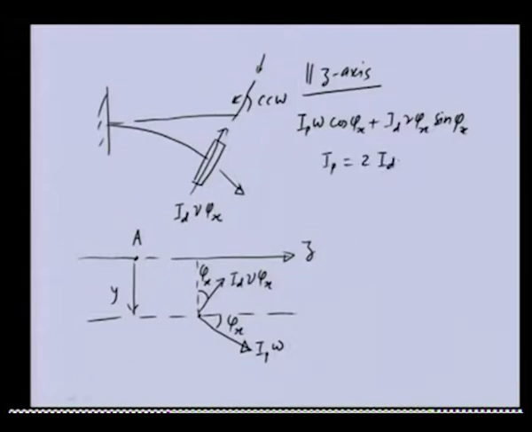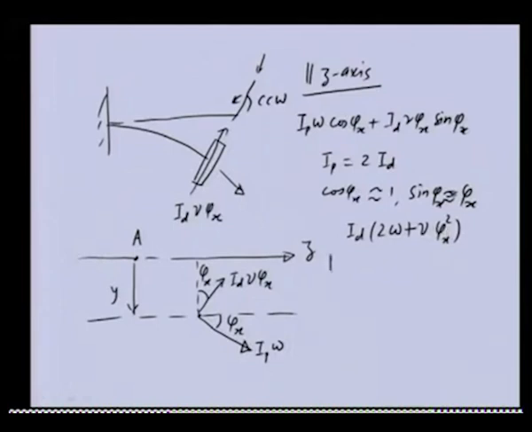So if we use this in the above expression, and for small angle phi x we can assume cos phi x is 1 and sin phi x is equal to phi x, and substitute these values in the above equation, we can write that expression as Id (2 omega plus nu) phi x square. So this is the net angular momentum which is acting along the direction of the bearing axis, the z axis.